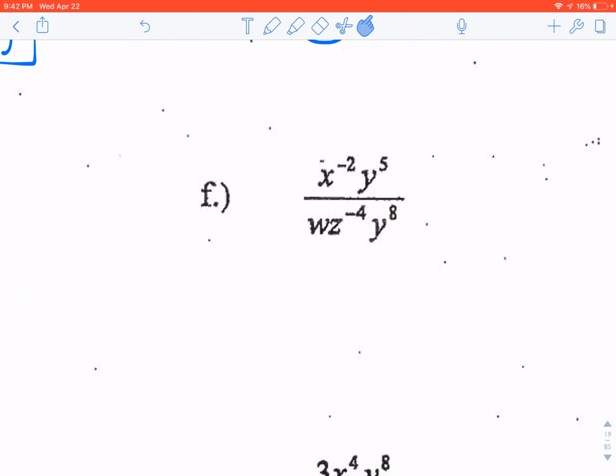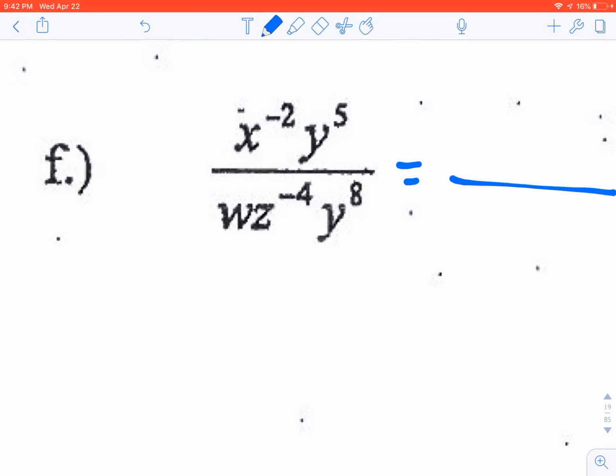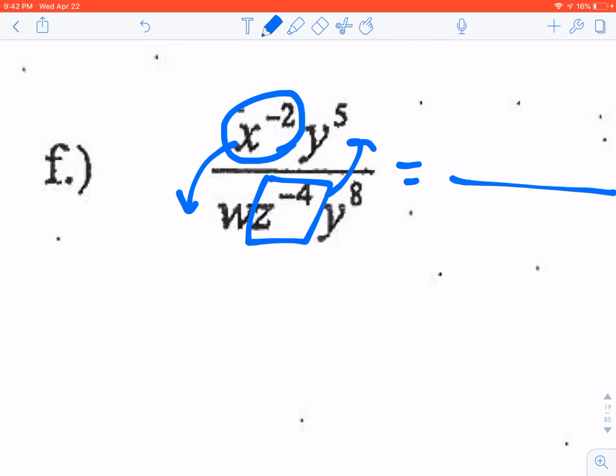All right, let's do a few more of these. Letter F starts to get a little tricky here. Typically, you're going to see problems like this where there's more than one variable. The very first thing in all exponent problems is to check and see if you see any negative exponents. If you do, you're going to move them to the opposite side of the fraction.